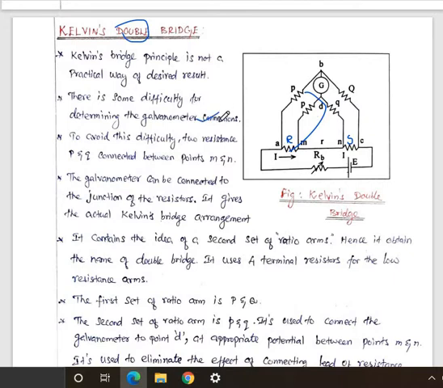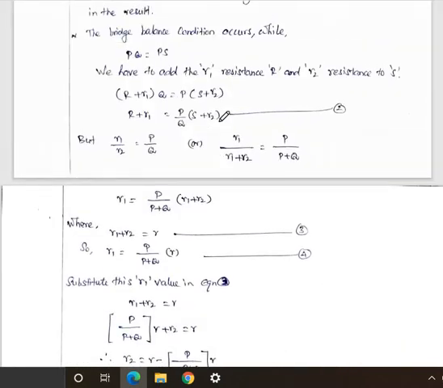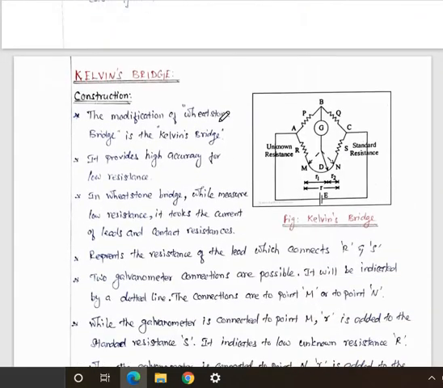So what is the difficulty? Wait, I will show the diagram here. So here is the bridge arrangement. Here P and Q resistances, and here R and S resistances. S is the standard resistance and R is the unknown resistance.